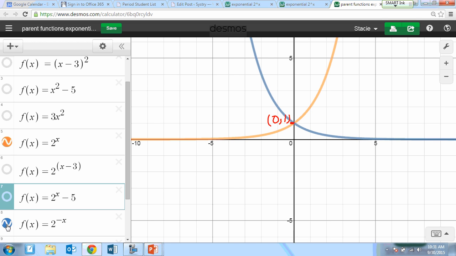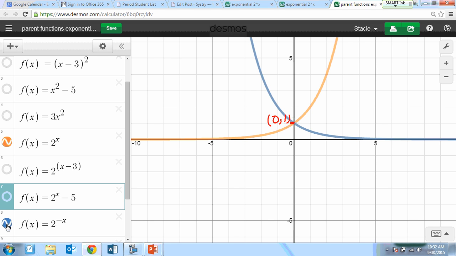Across the y-axis. Okay? Because remember, we're dealing with fractions here, right? If it was 1/2, x to the 1/2, or 2 to the 1/2, it's now going to be 2 to the second. So it's going to reflect it across the y-axis.